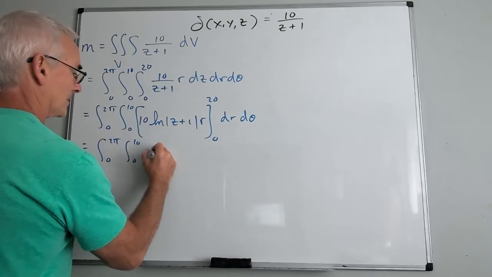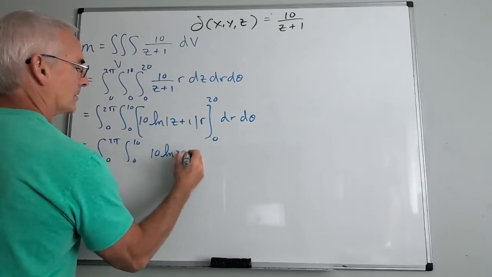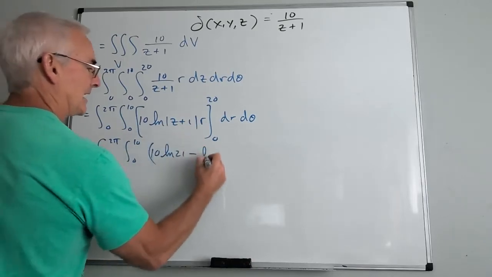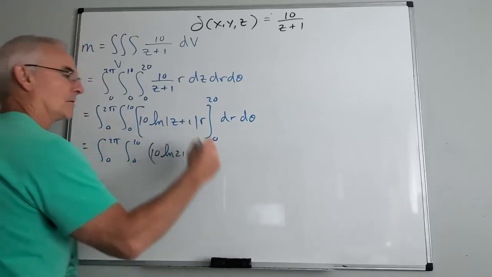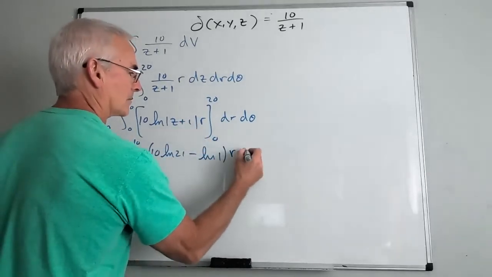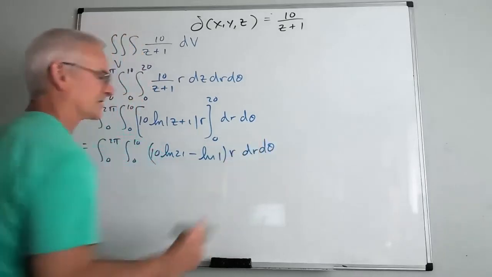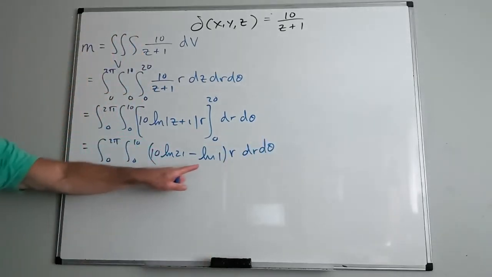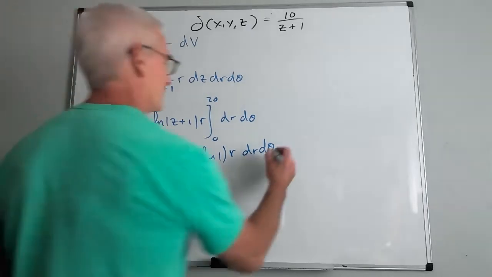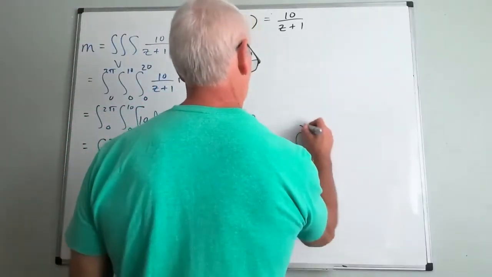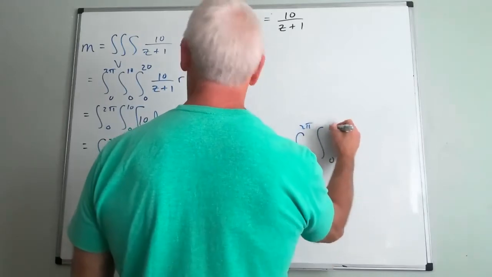That's just a constant. Minus 10 times the log of 1. What's the log of 1? 0. Love log 1. It's my favorite log. It's the only one I can't mess up.